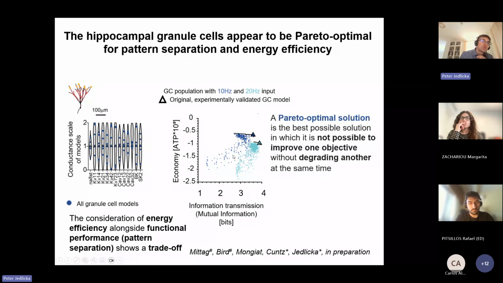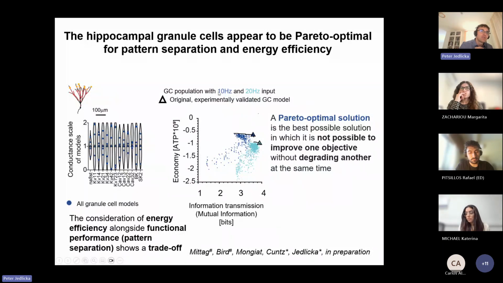This dark blue population of models was activated with 10 Hertz input, the other one with 20 Hertz input. But what we saw is that our original model, well validated by different experimental data sets, created by Marcel Beining, was very close to what you could call Pareto optimality for two objectives.